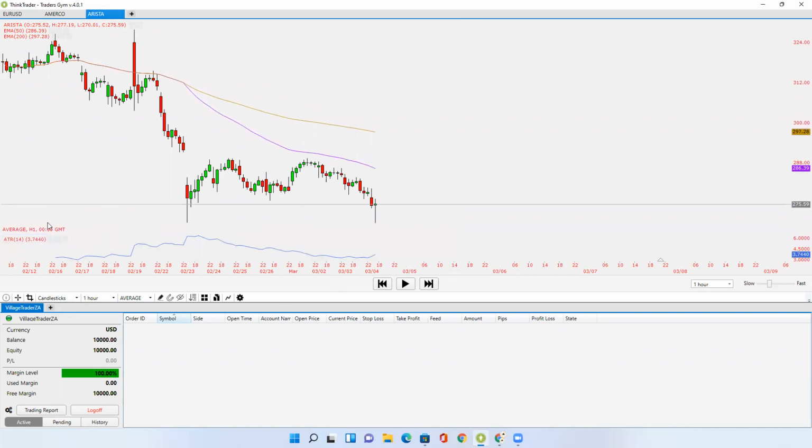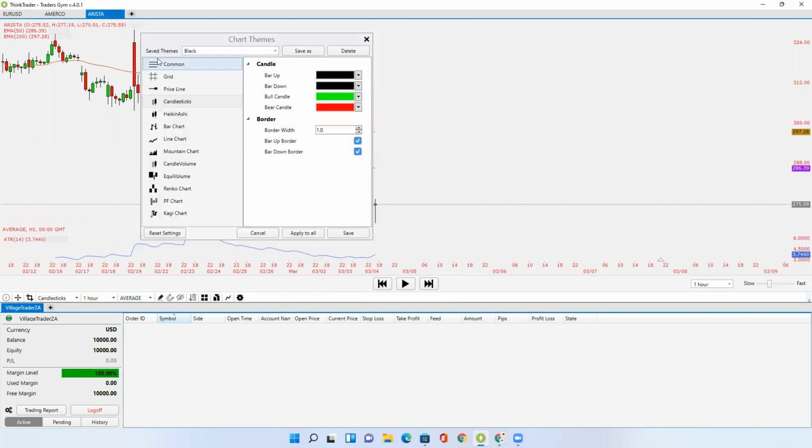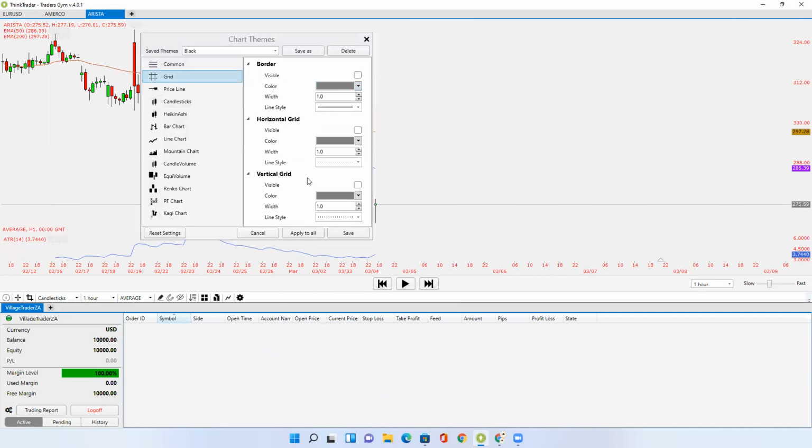So here's your HR here. I removed the borders because I like my setup nice and clean. And if I find where you can remove the grid, you click here on these settings, and then you go to the grid. I removed the borders because I prefer it like that.